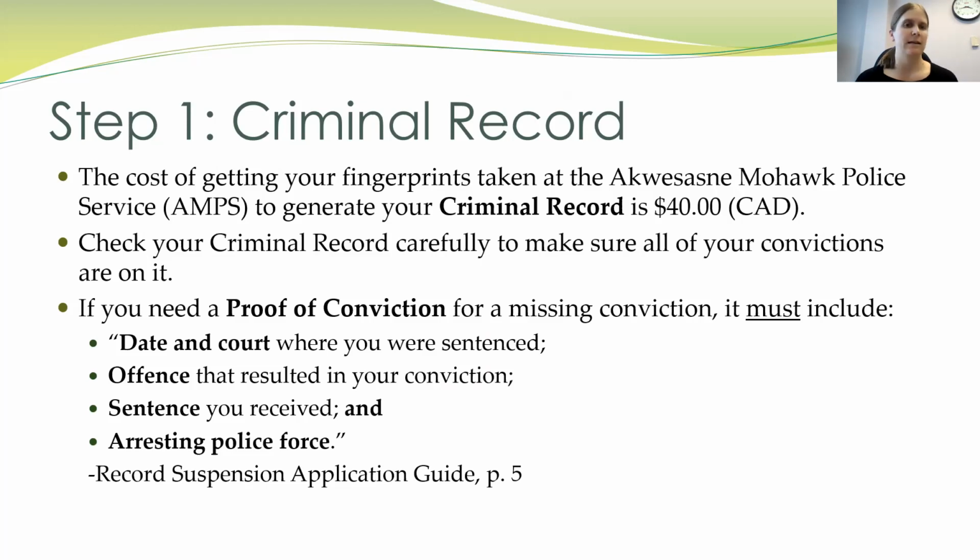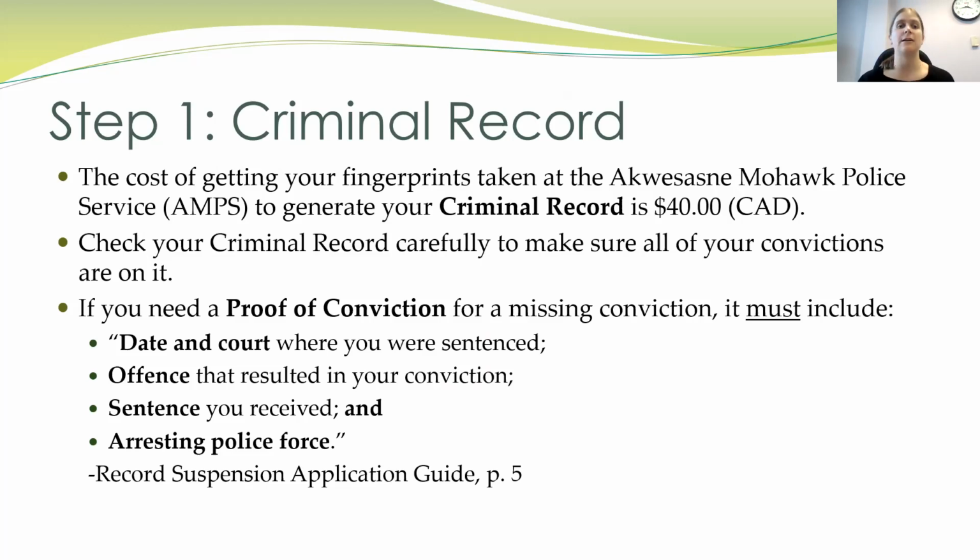Now, a really important thing to do is, once you receive your criminal record, double check to make sure that all your convictions are there, because it's your responsibility alone to make sure that you're reporting all of your convictions to the Parole Board of Canada.